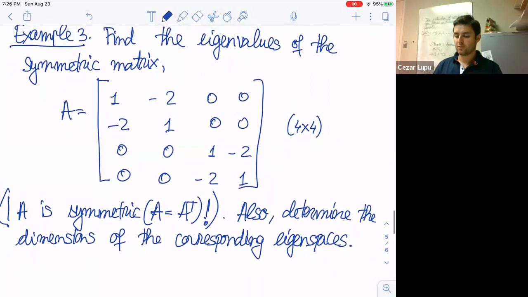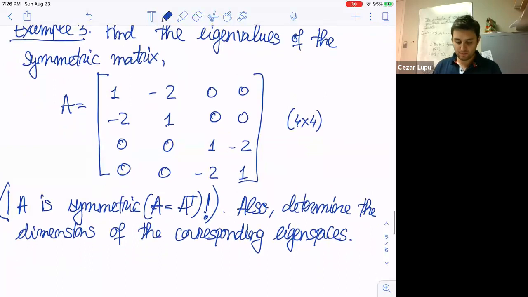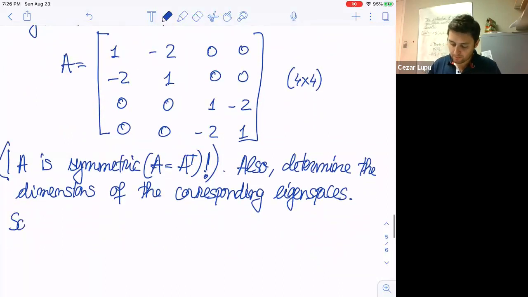So that's what we're trying to find out in this problem.